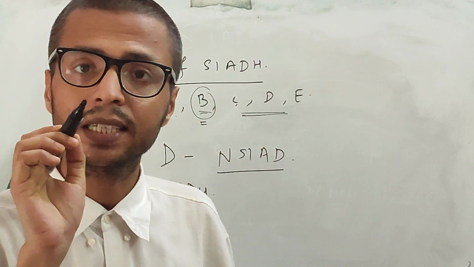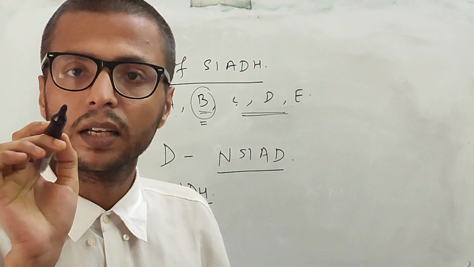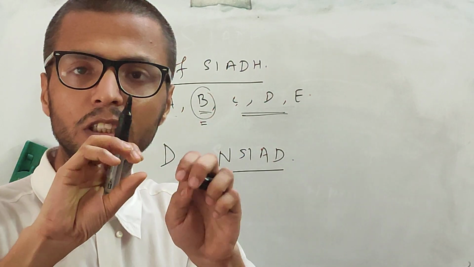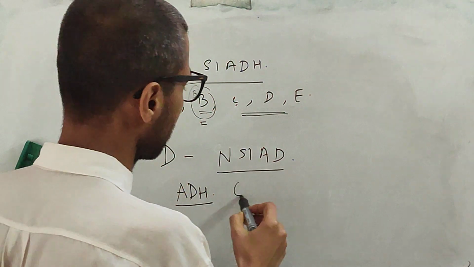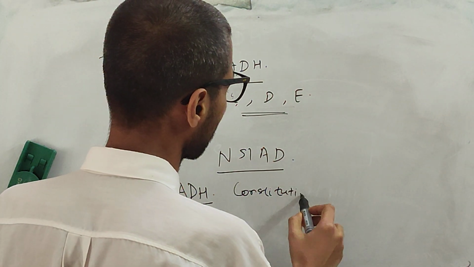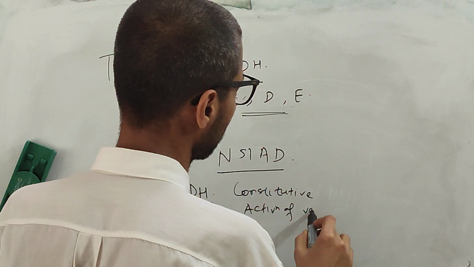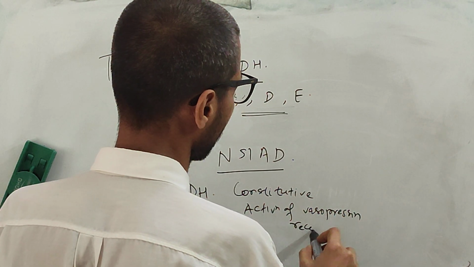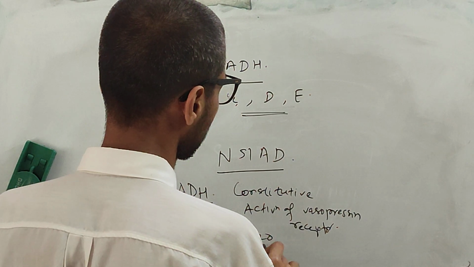Yes, ADH acts on the vasopressin receptor. So even if there is a normal ADH level, if there is constitutive activation of the vasopressin receptor due to genetic mutation, then more water retention occurs.